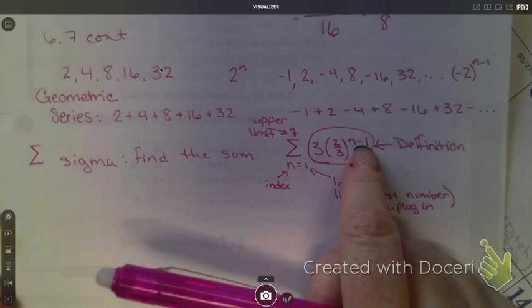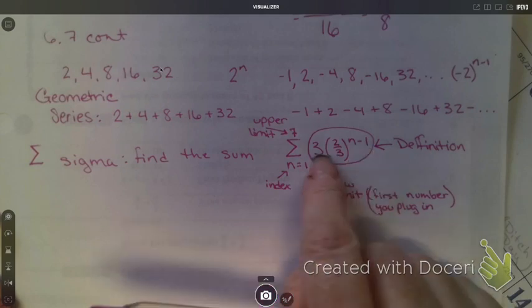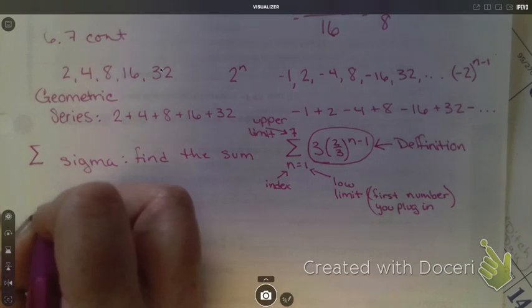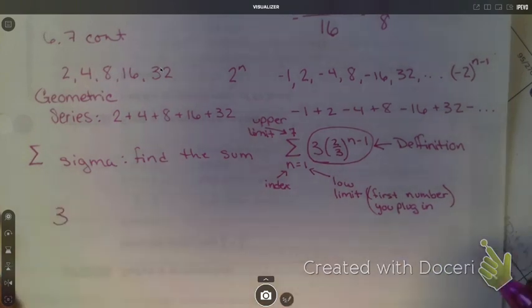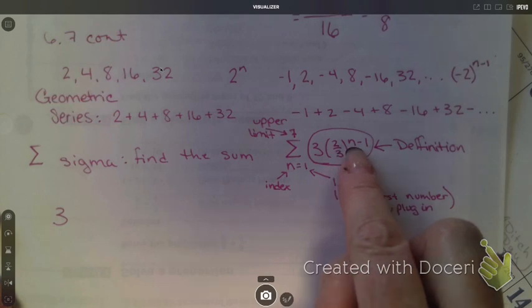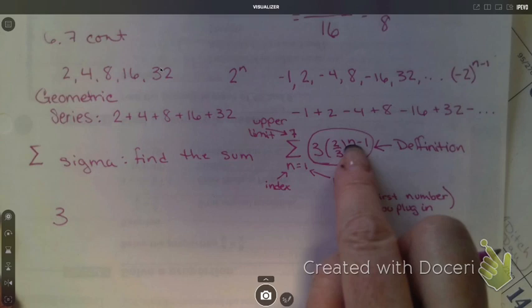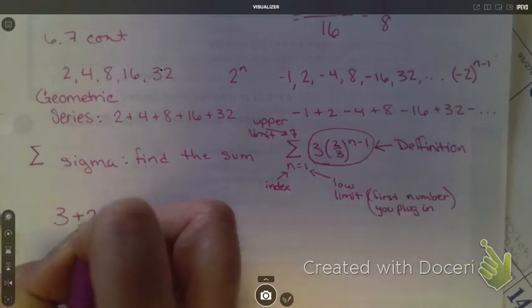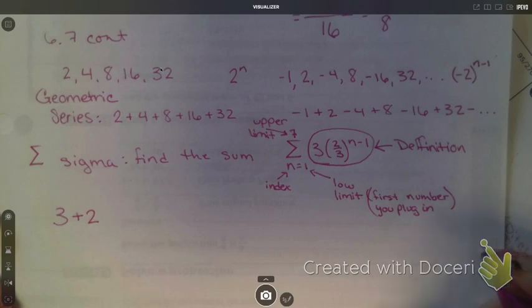Anything to the 0 power is? 1. So 3 times 1 is? 3. So I'm going to plug in 2. 2 minus 1 is? 1. So the answer is 2. And it's positive 2, so I add it. If it was negative 2, I'd what? Subtract it.